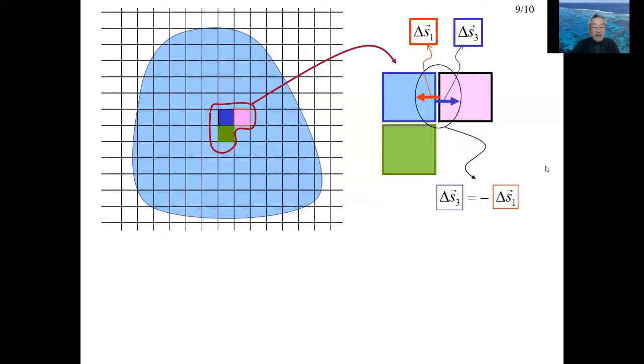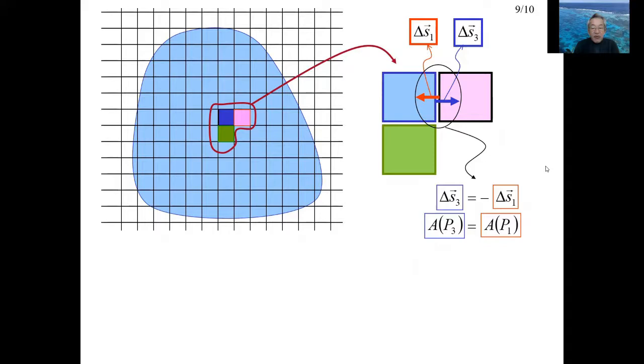The surface vector on the east side of the blue element has the same magnitude as the surface vector on the west side of the pink element, but the directions of the two surface vectors are opposite. The vector A on the surface delta S3 of the blue element and the vector A on the surface delta S1 of the pink element are identical.